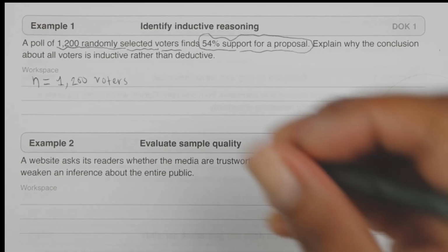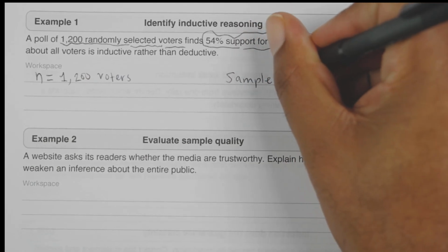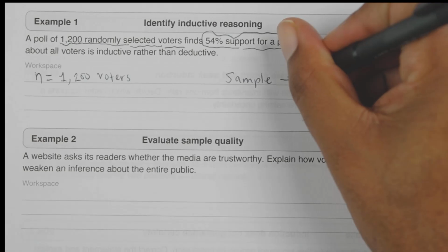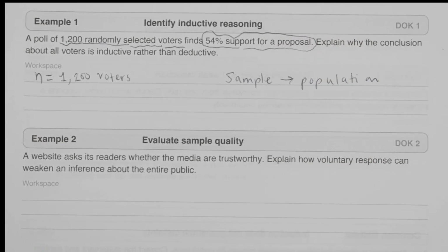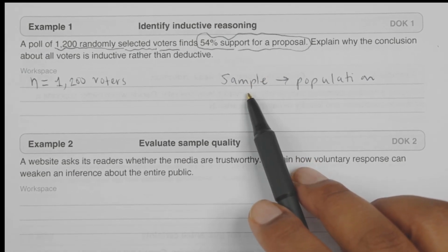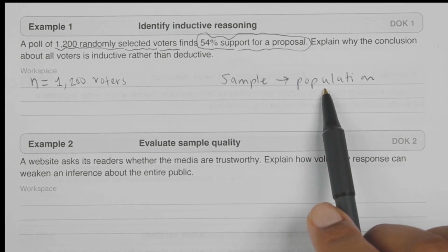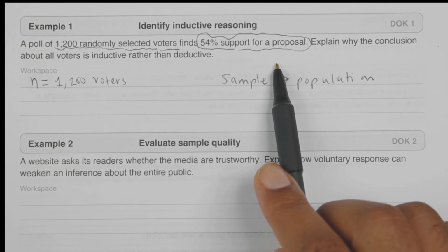Again, we know that a sample is a part of the population. The sample provides evidence, but it does not mathematically guarantee that exactly 54% of every voter is going to support this proposal.